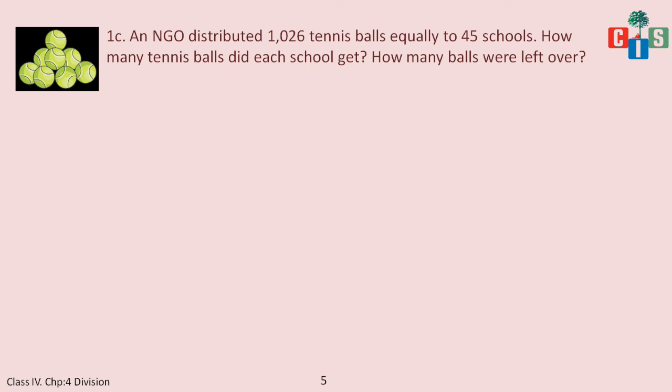Okay. And do you remember, students, what NGO stands for? I have told you in the video on addition or subtraction, I suppose. The full form of NGO is non-government organization, and it is also known as a non-profit organization.